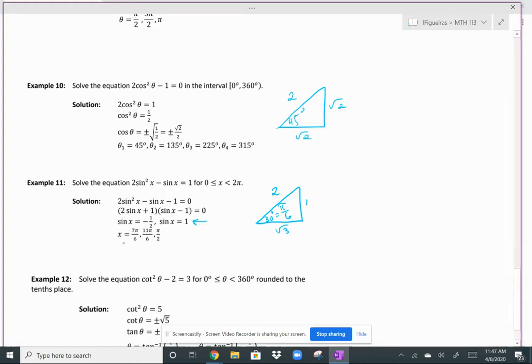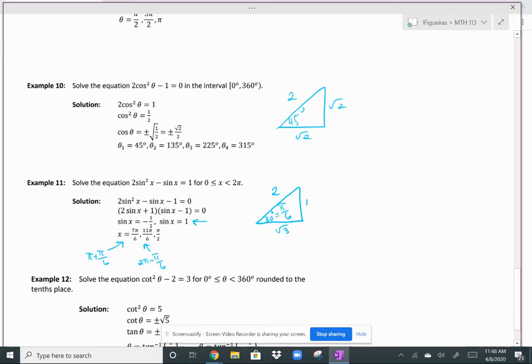So how do you get into quadrant 3? Well, we would do pi plus pi over 6, and that's where 7 pi over 6 comes from. And how do we get into quadrant 4? Well, that's 2 pi minus pi over 6, and that's how we get 11 pi over 6. So those are our first 2 answers.